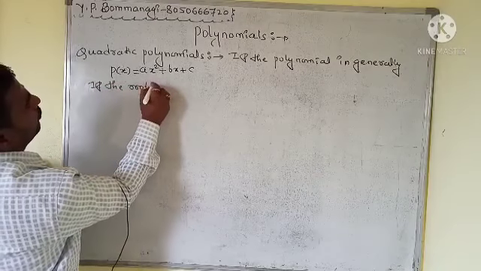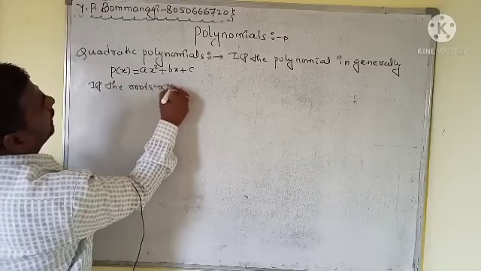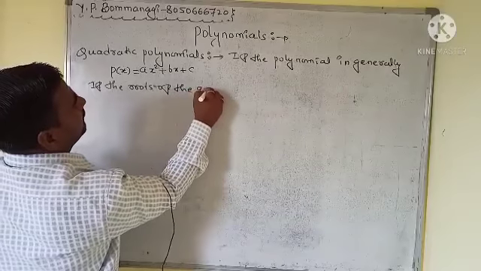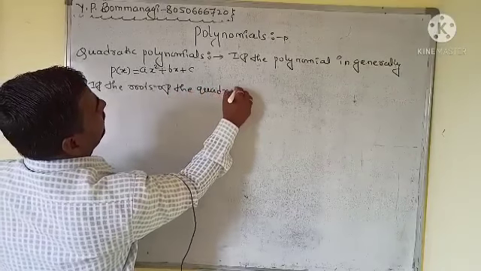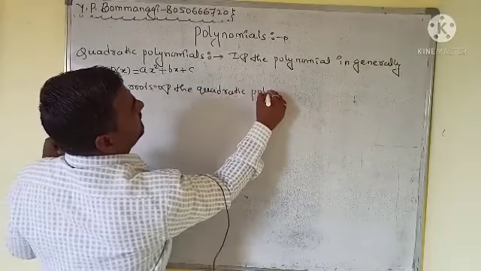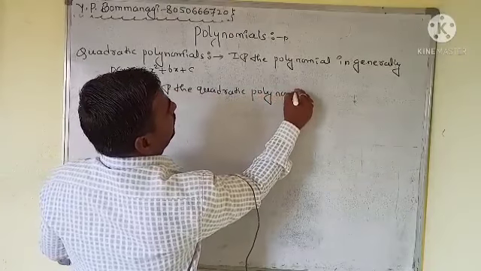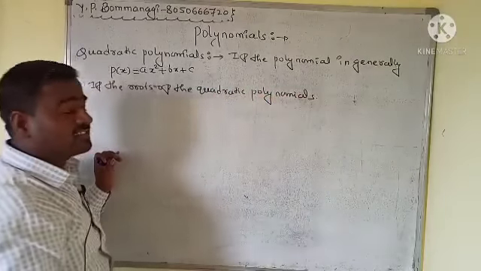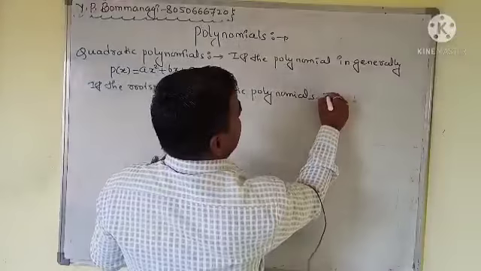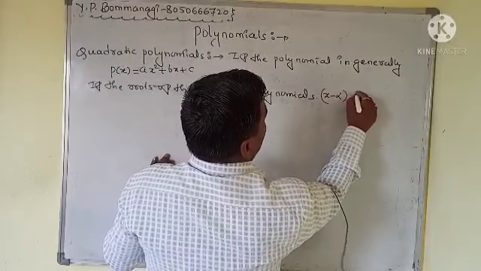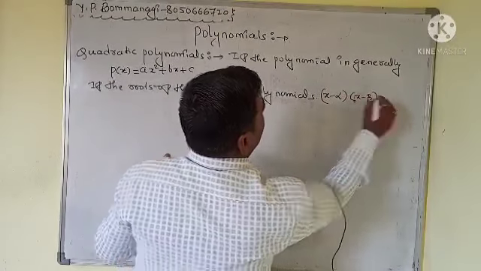So p of k, later I can discuss, if the roots of the quadratic polynomial, I can consider some general roots. Yes, you have studied in 9th standard. So that is x minus alpha and x minus beta, right?